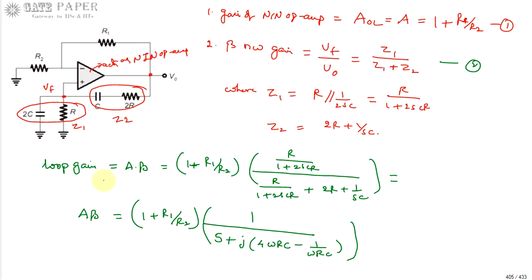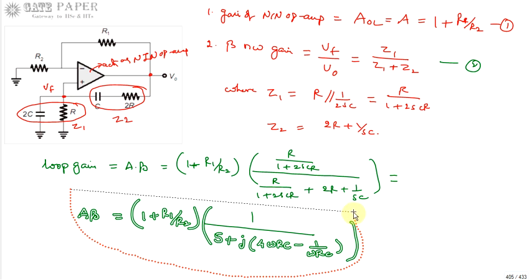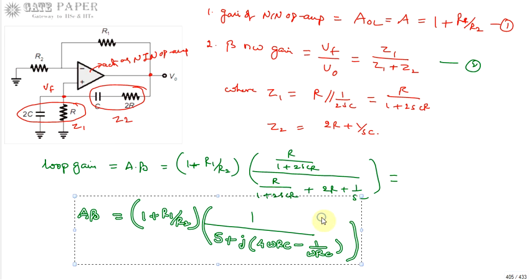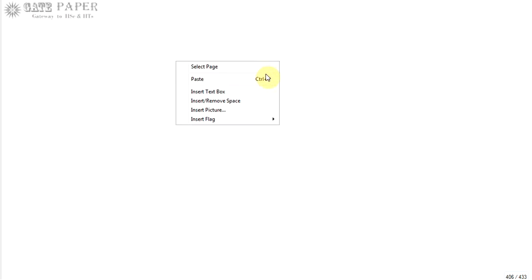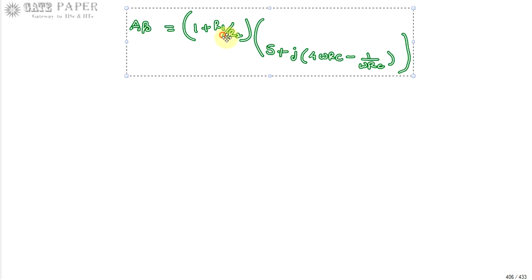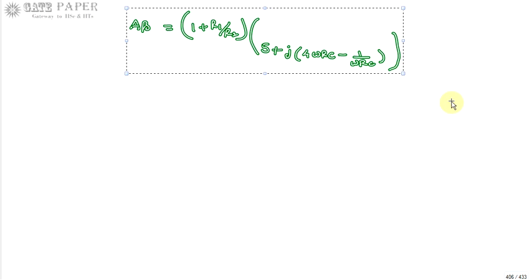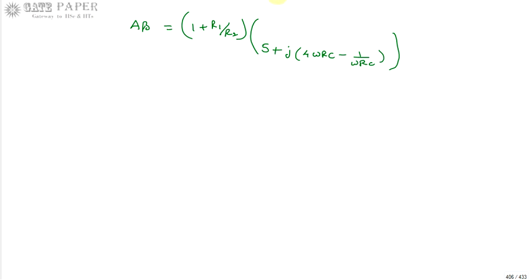This is the A beta equation. From this one we will get the condition for oscillations and the value of the frequency. This is the equation.